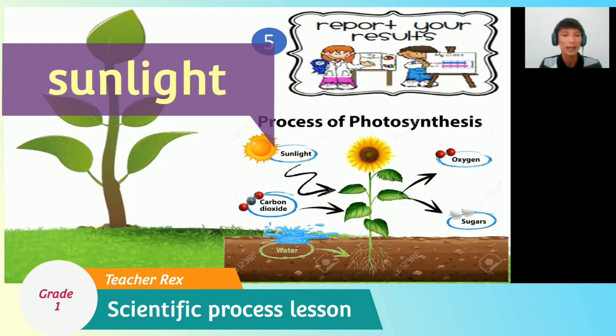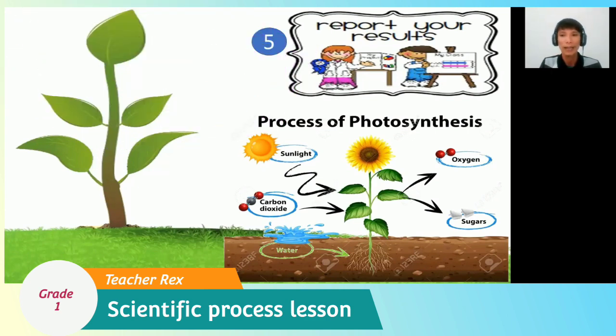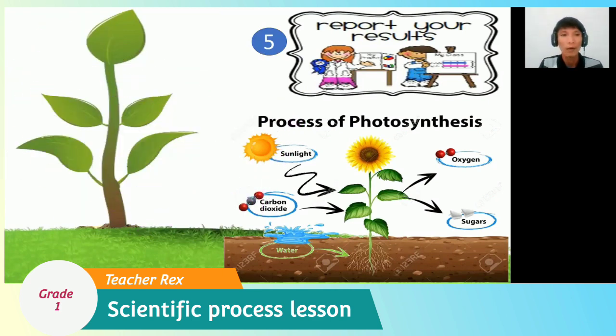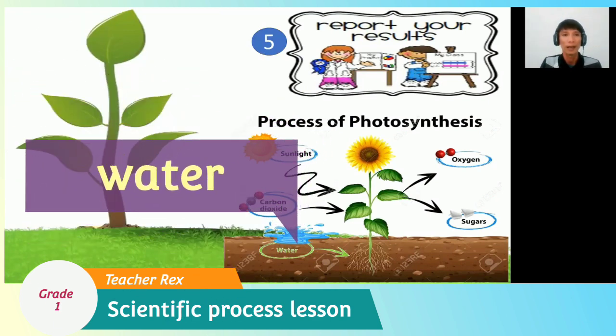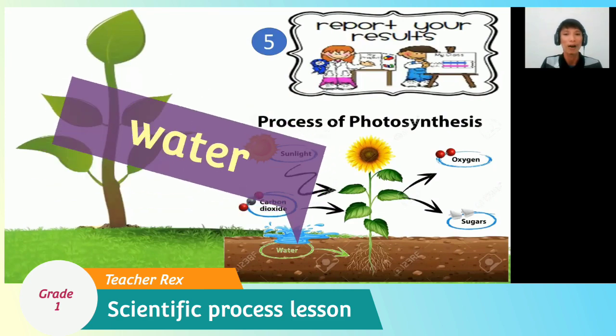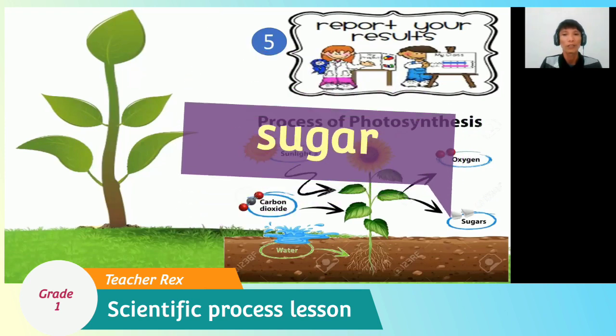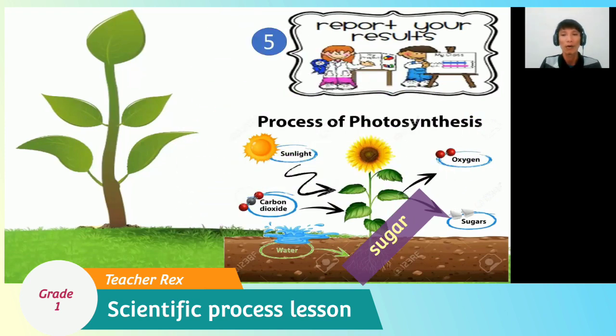And the plants need another one, carbon dioxide, and water. And plants give us oxygen and sugars. So that is the process of photosynthesis. Repeat after me. Photosynthesis.